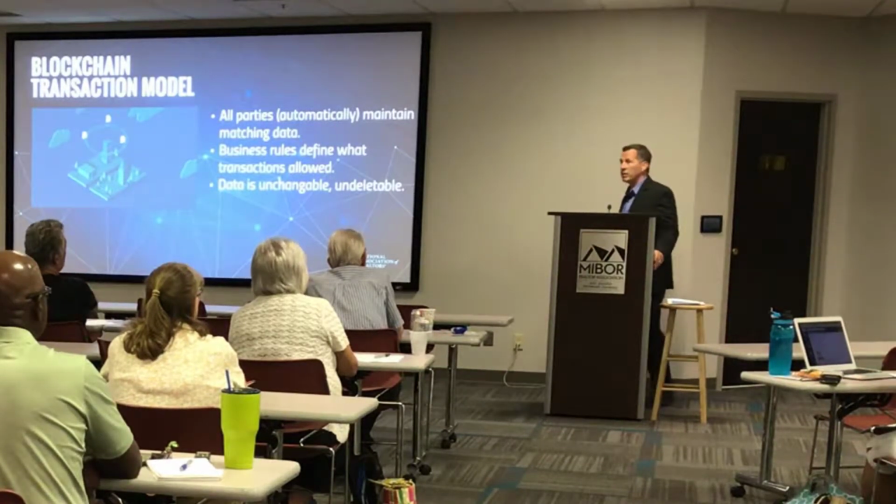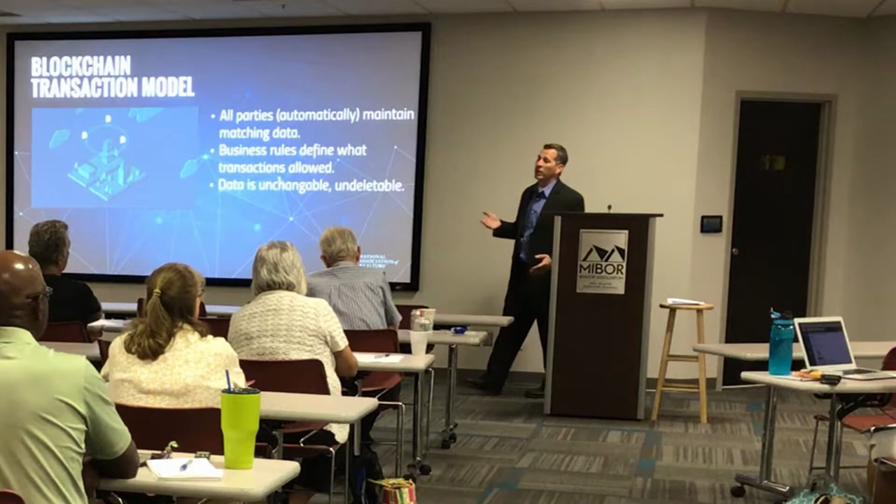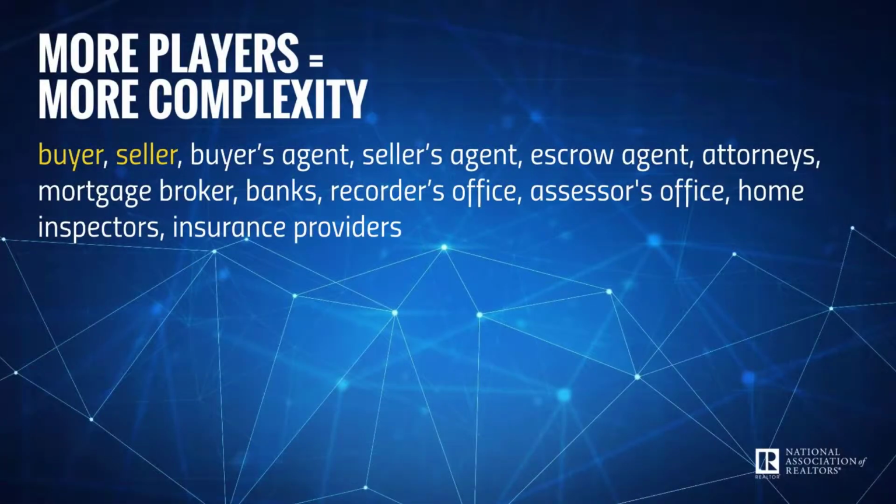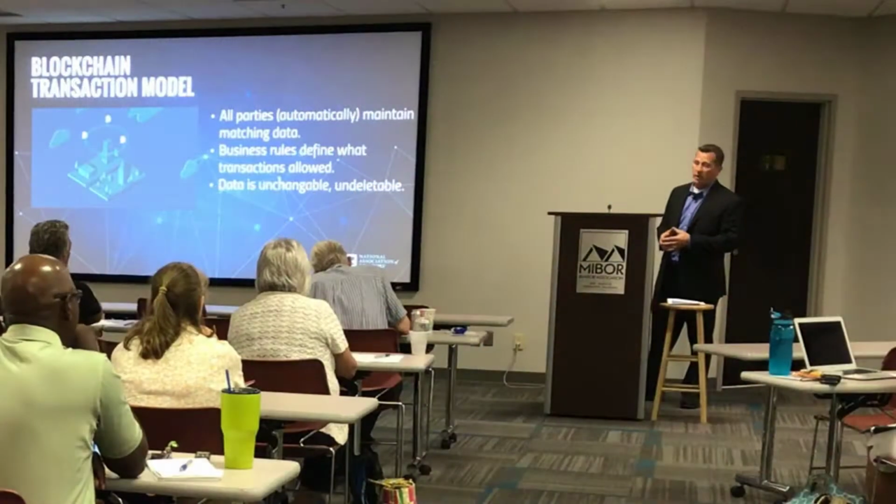What if we had a system where we were storing MLS and property data, and you as a member could go in and access that, and you would see property data going back all the way through to the inception of that system or that database?